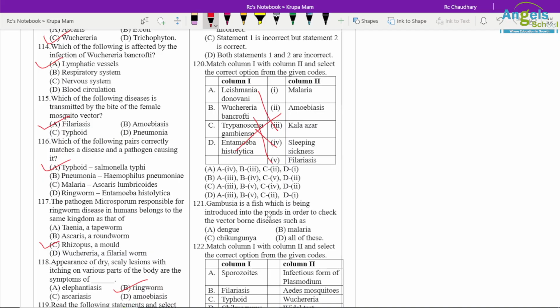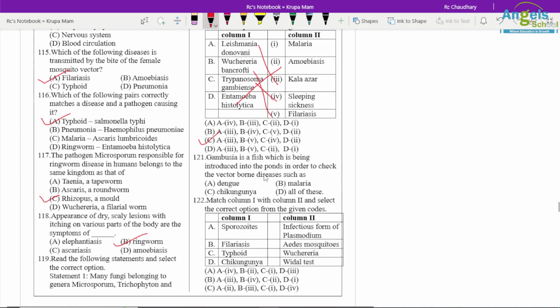So option C is correct for this question. Gambusia is a fish which is introduced into ponds in order to check vector-borne diseases like malaria, dengue, and chikungunya. So all of the above is correct.